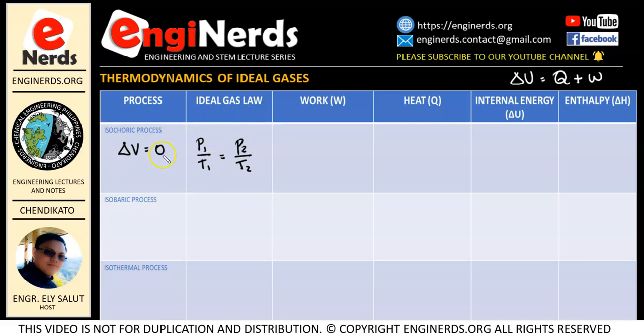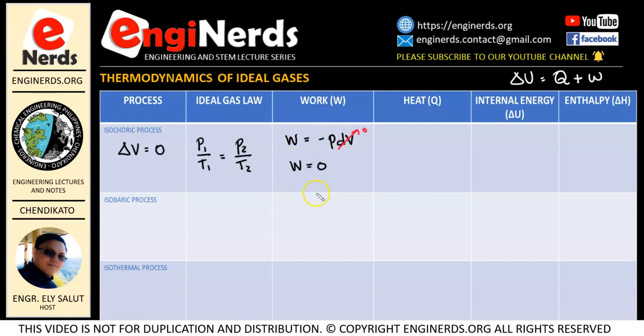So now if we are operating in a constant volume process, that means our delta V is equal to 0. If you remember in our video about work, we learned that work is equal to negative PdV, or negative P delta V. But since our dV or our delta V is equal to 0, that means when we are operating at constant volume process or isochoric process, our work is actually equal to 0.